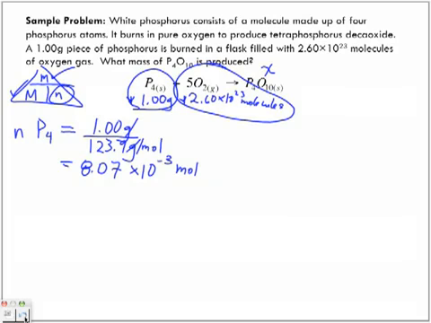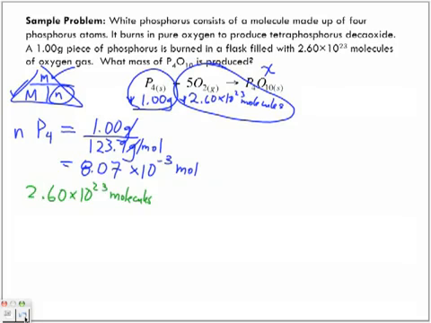Now we want to find the number of moles of oxygen. We know that we have 2.60 times 10 to the power of 23 molecules. We know that 1 mole of oxygen has how many molecules? 6.02 times 10 to the power of 23.